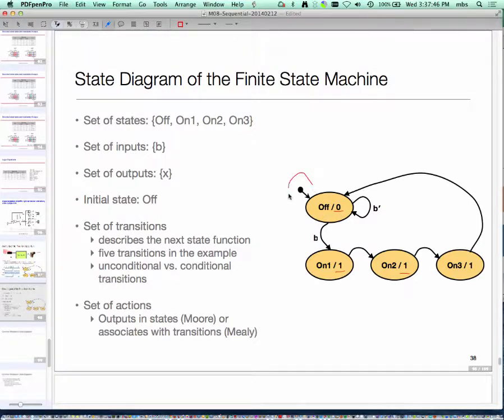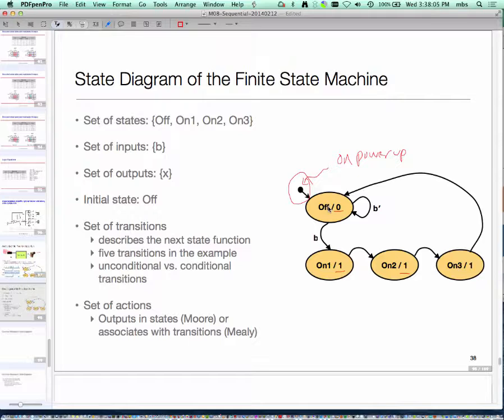Oh, this one. Whenever you see this kind of dark dot, it says on power up you go to the state. So when the system powers up, it starts out in off.